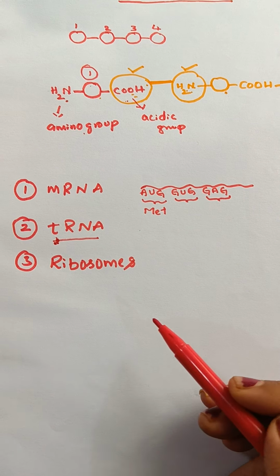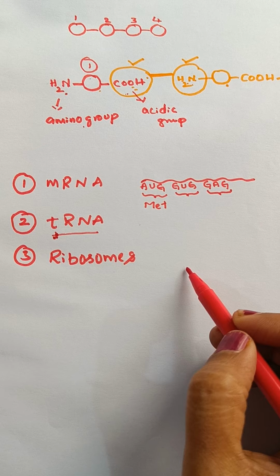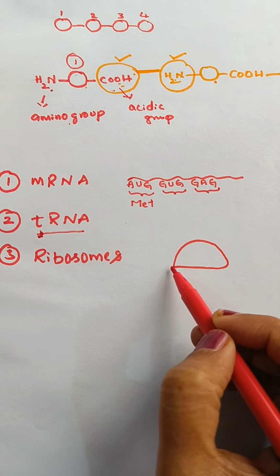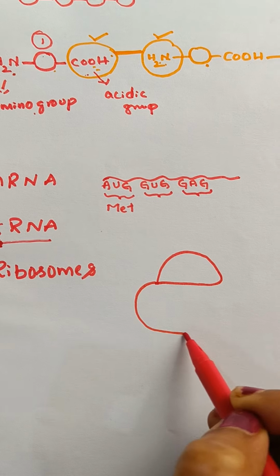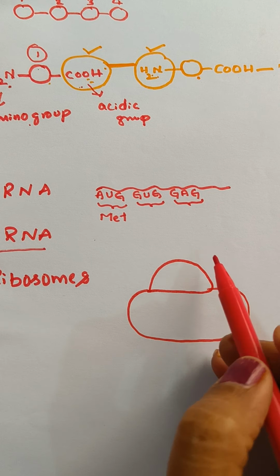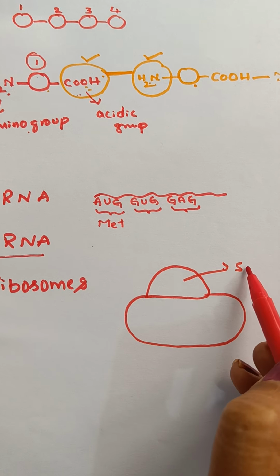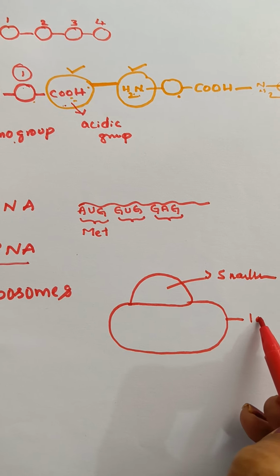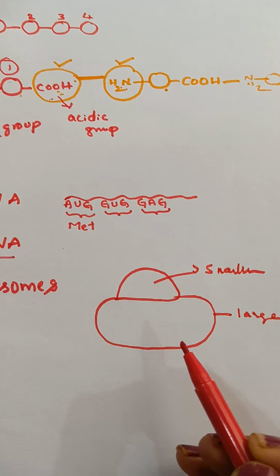Then comes the ribosomes. Each ribosome is composed of two important subunits. You call one subunit the smaller subunit and the other the large subunit.